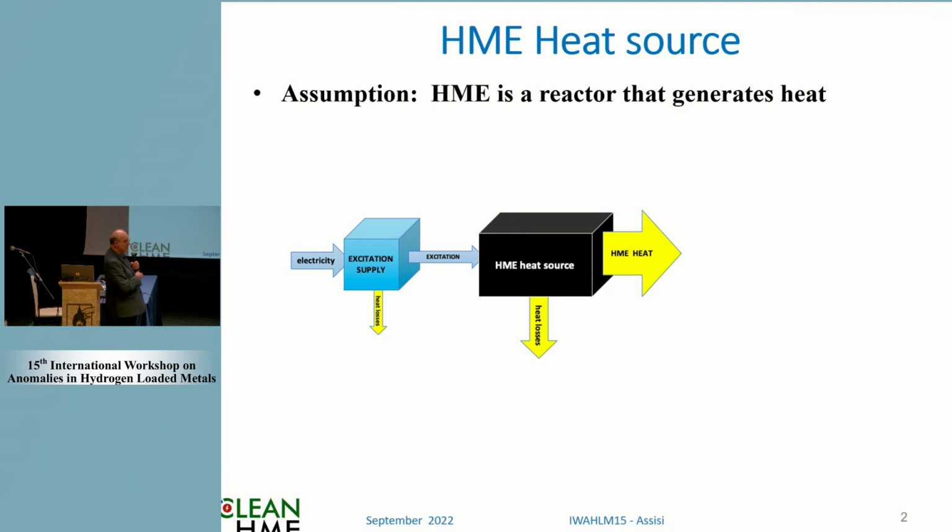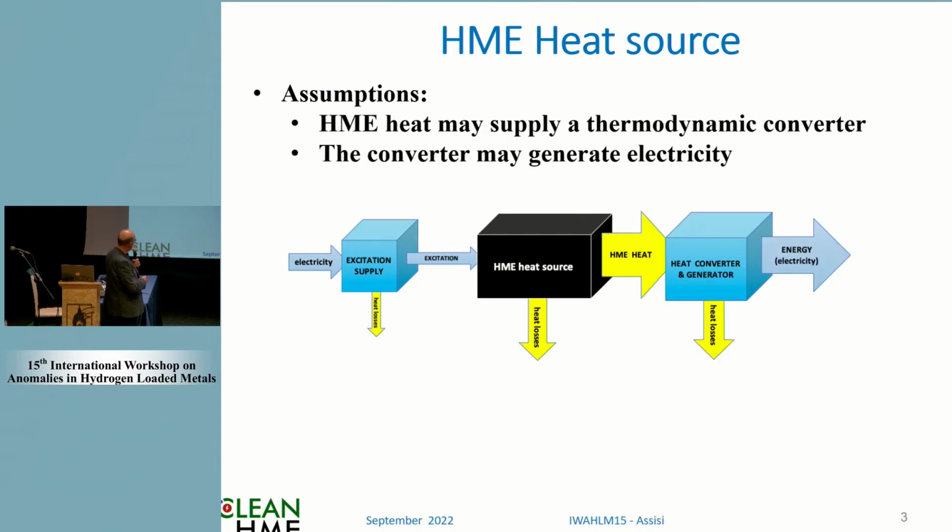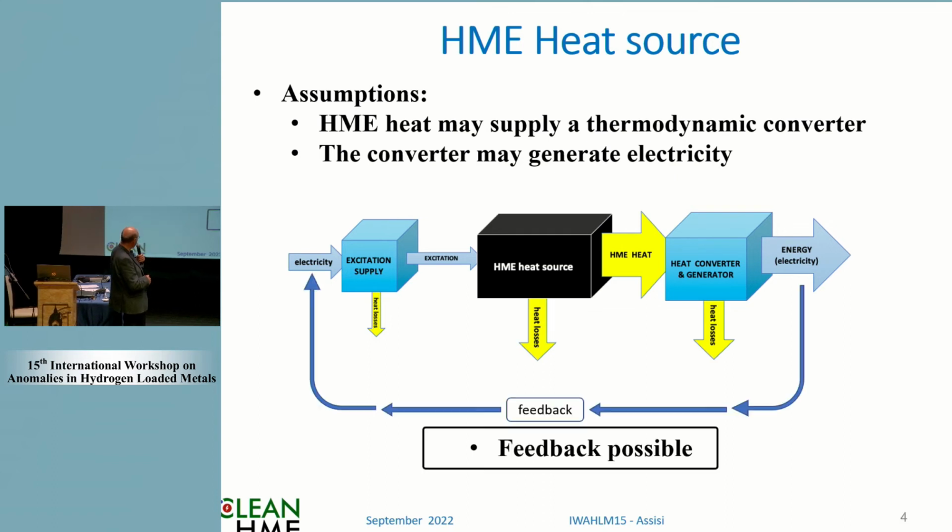You consume electricity, to make it simple, and you get heat out, with some heat losses at every step. Of course, this heat can go into a heat converter. The heat can be used directly or indirectly via a heat converter. Why not an electricity generator?